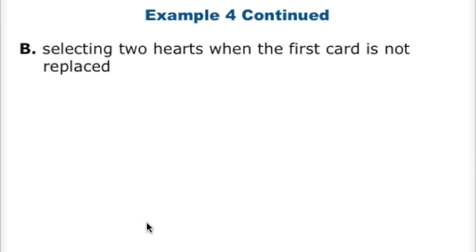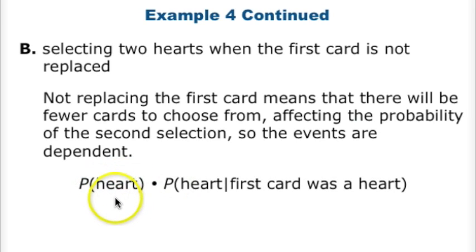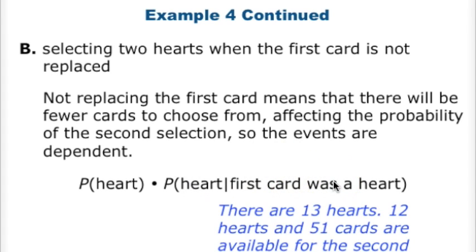What's the probability of selecting 2 hearts when the first card is not replaced? Not replacing the first card means that there will be fewer cards to choose from, affecting the probability of the second selection, so the events are dependent. So we're going to have the probability of getting a heart for the first card, but then when we draw the second card, we're going to do the probability of that heart, given that we're already missing the first card, which was a heart.